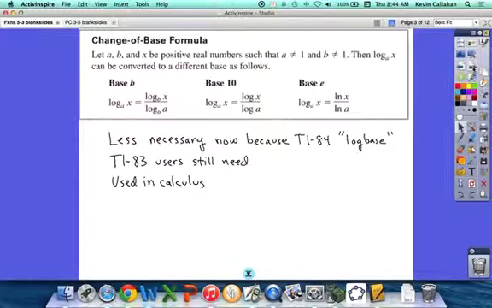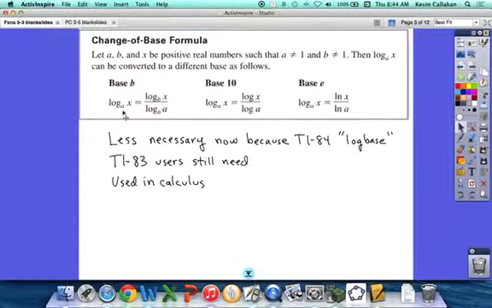But the basics of a change of base formula is, if you have a log of one base, which we'll do an example in a minute, this says log base a of x equals, and now we change base. The new base is going to be b. It'll be log base b of x divided by log base b of a.